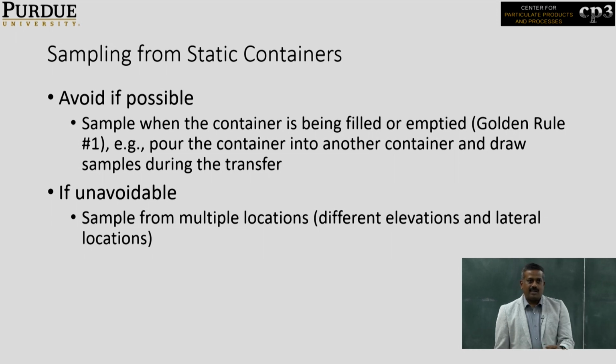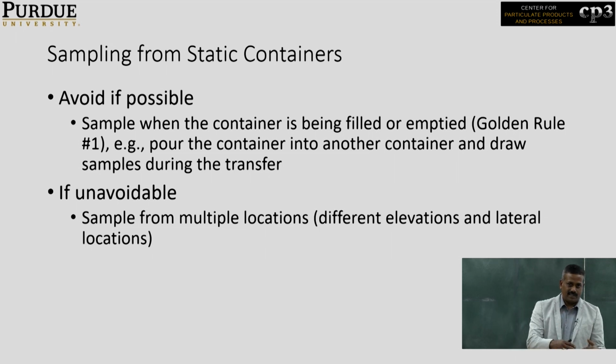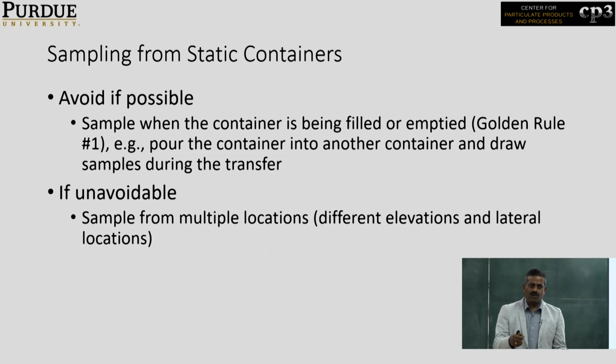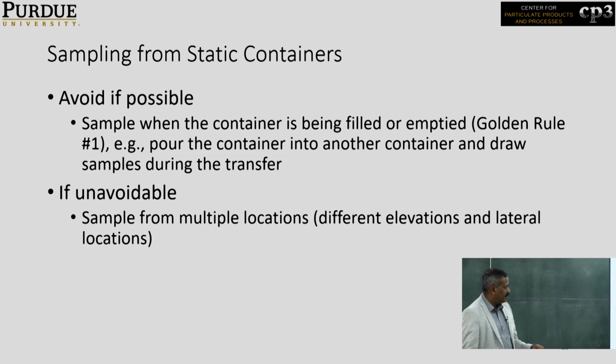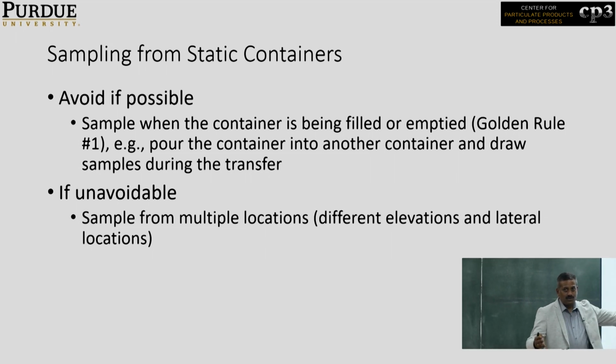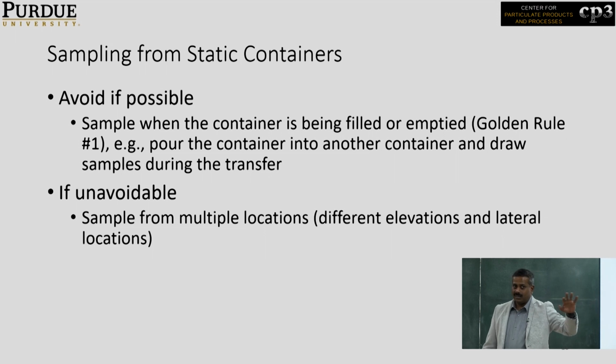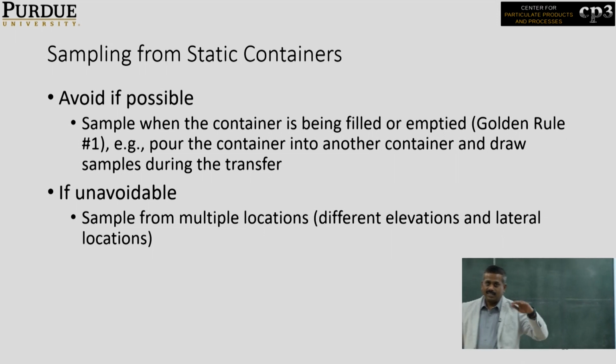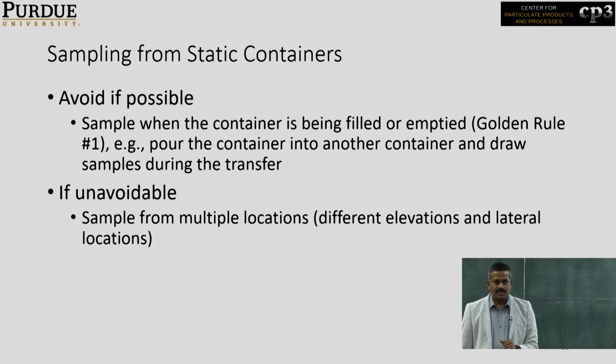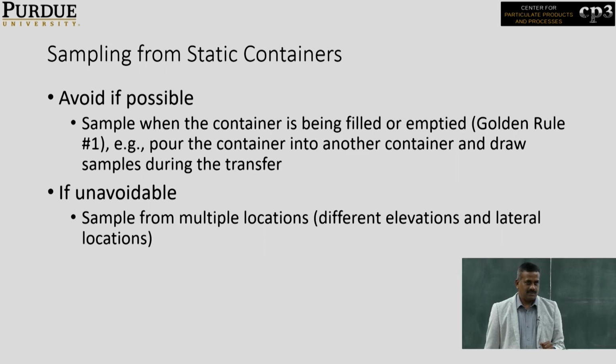Then you are satisfying the first condition, the material is flowing. They subsample from multiple locations while the material is flowing from the tote bag into the other container. If you cannot do that, then use a thief sampler or other subsamplers and collect samples at different locations within that tote bag.